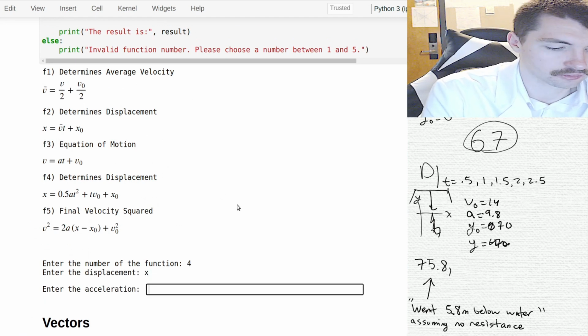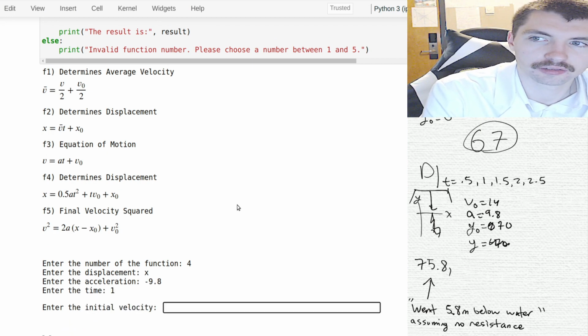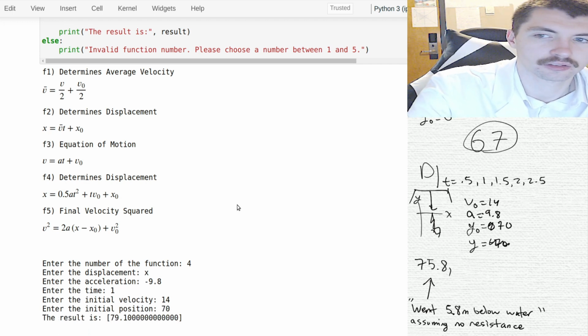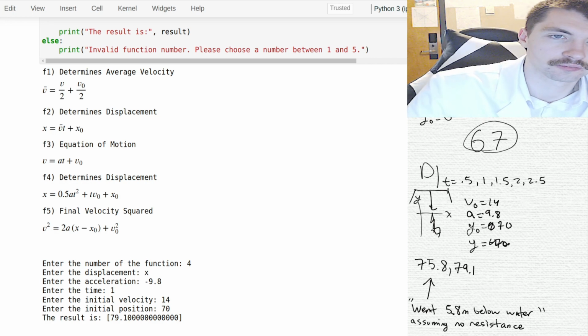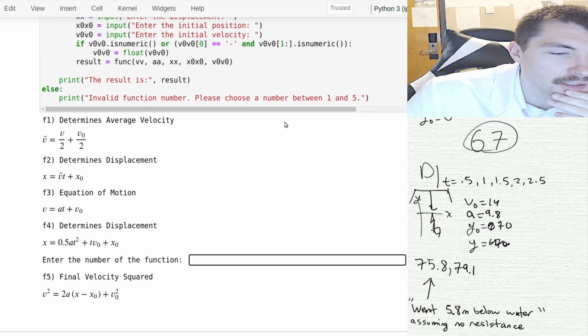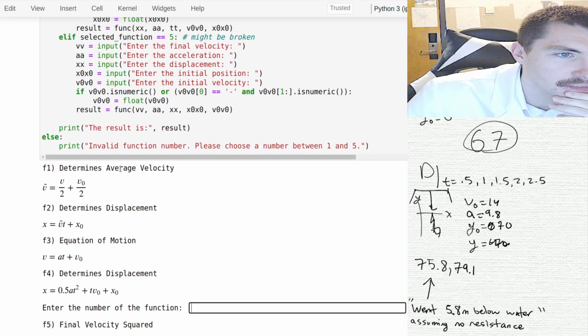Function 4, x, negative 9.8, 1, 14, 70. Okay, 79.1. Okay, why did it jump up here again?